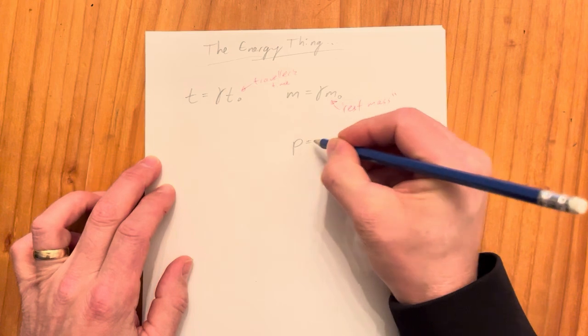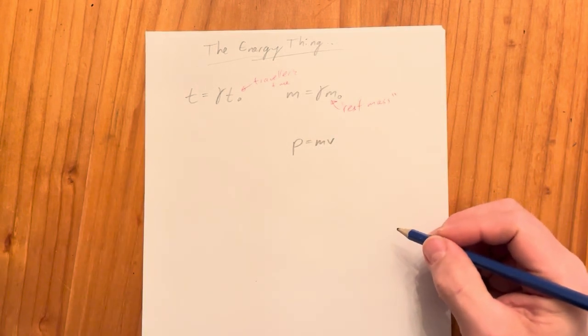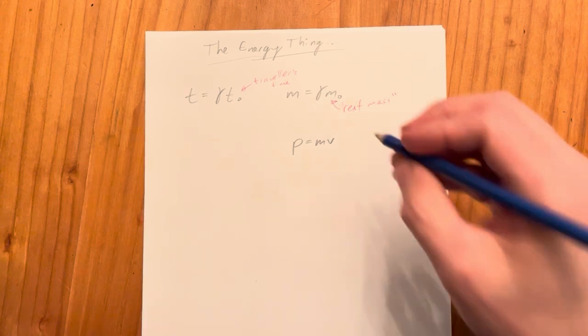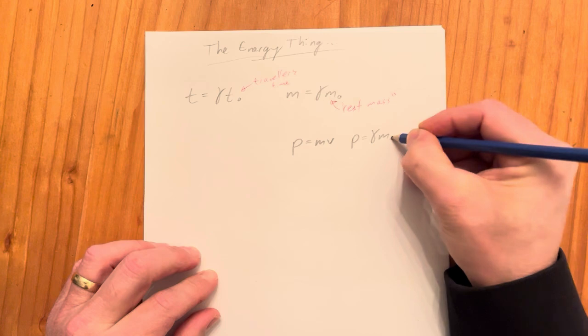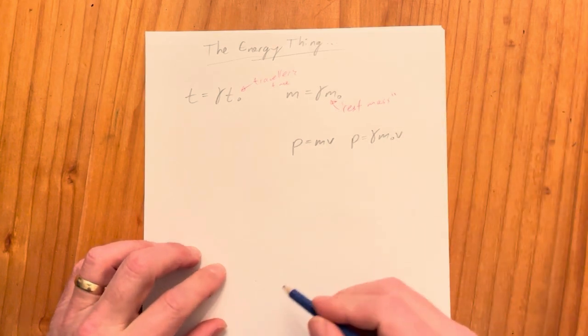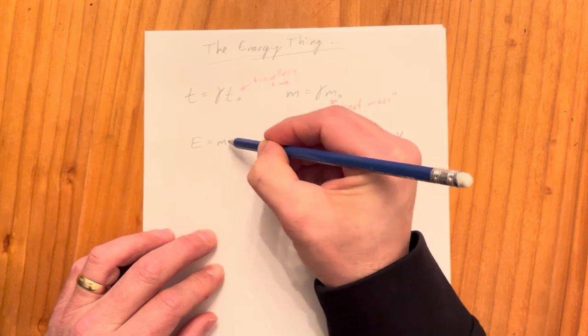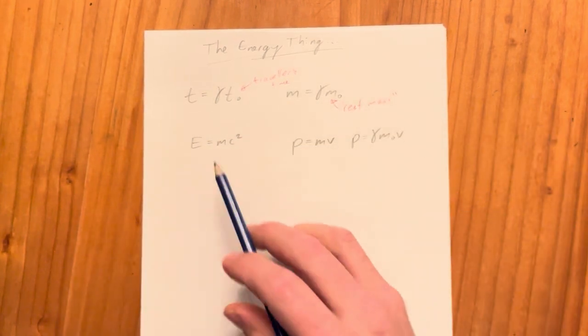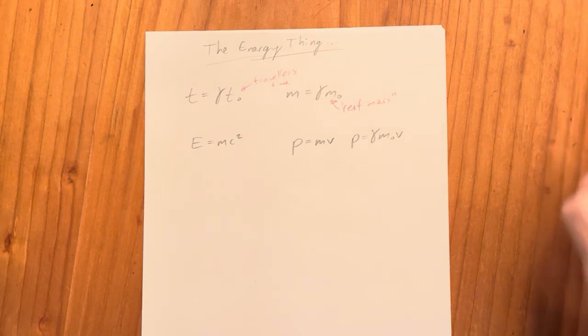Momentum is mv, of course, which would also be gamma m naught v. And energy, Einstein said, was mc squared. And this would be the total energy of the object.